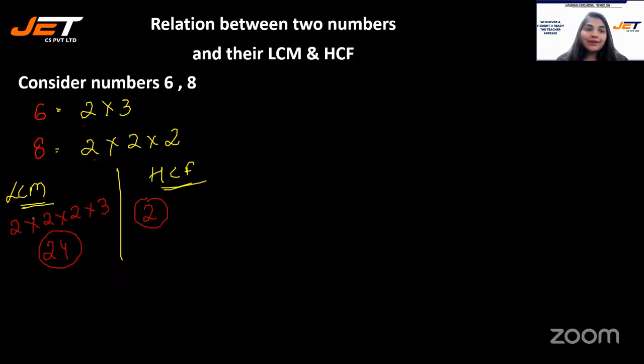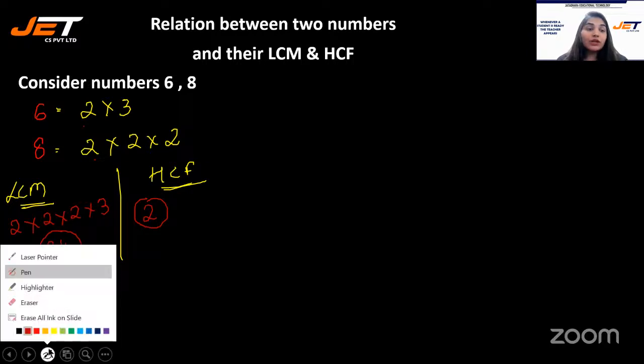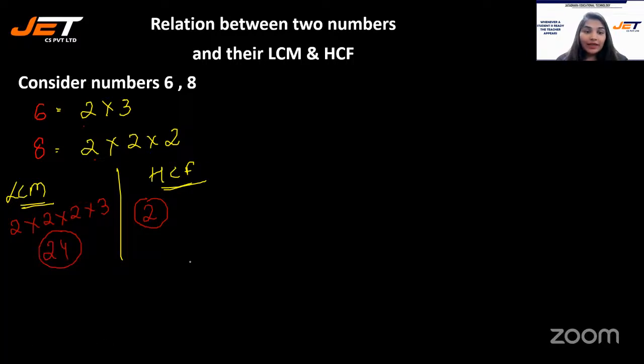Okay, so here LCM is 24, HCF is 2. I told you the relationship between two numbers. The relationship between two numbers is HCF times the LCM is equal to the product of two numbers. Okay, so what is the HCF? 2.